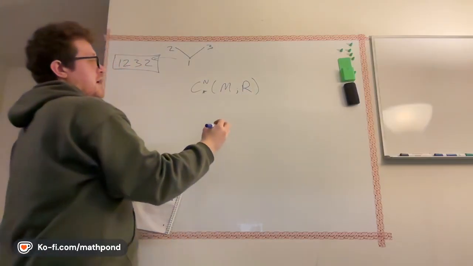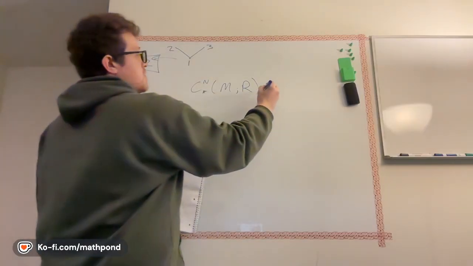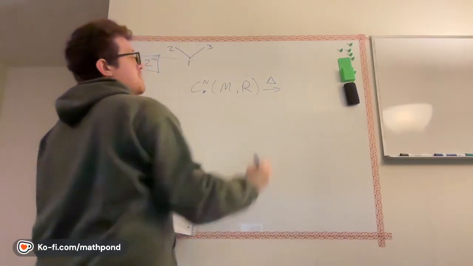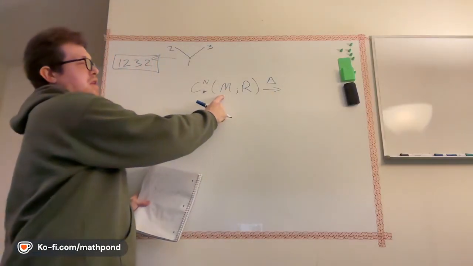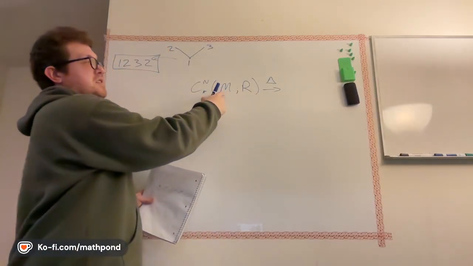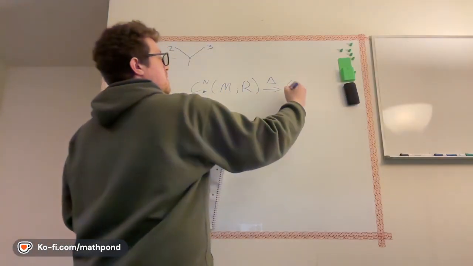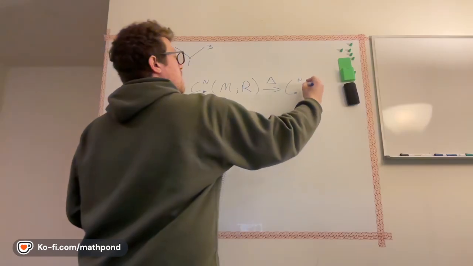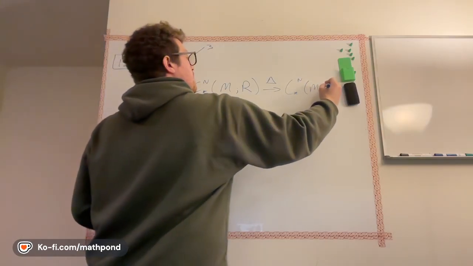And we have a delta map. This just copies sigma to sigma comma sigma. So this will be C star n m times m.